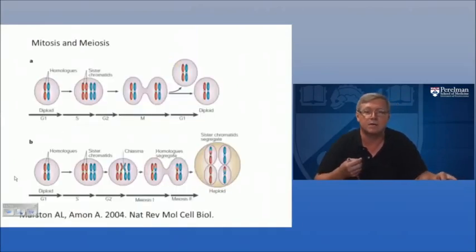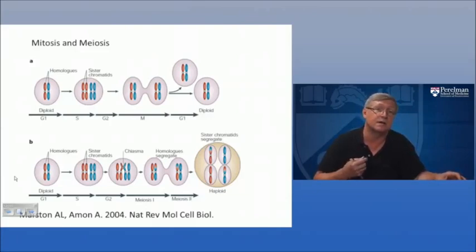Mitosis and meiosis share a lot of similarities, but they have key differences that it's important to understand. In mitosis, you start out with one set of homologous chromosomes. You go through S phase to produce two sets, and each set of duplicated DNA is present in what's called a chromatid.